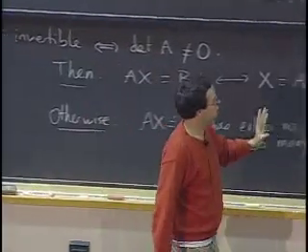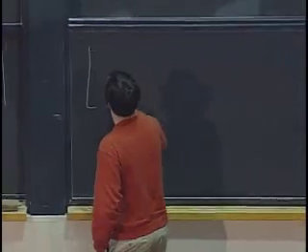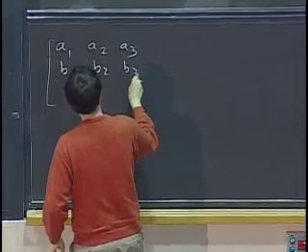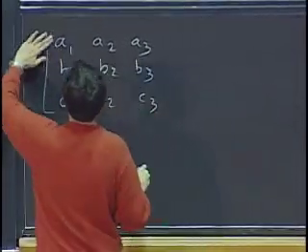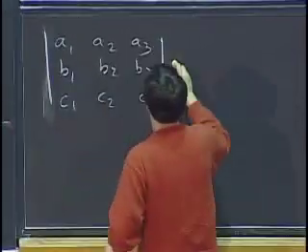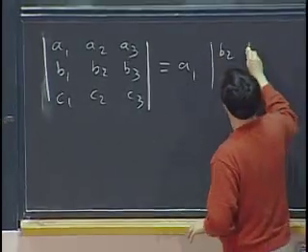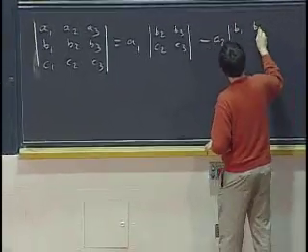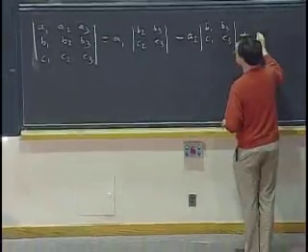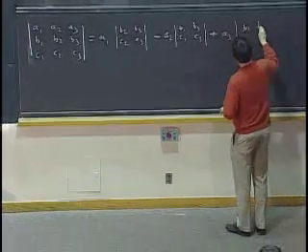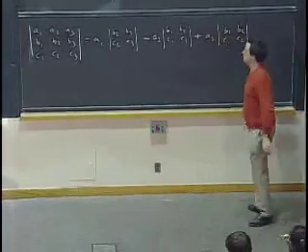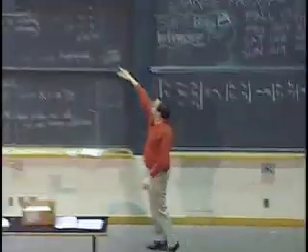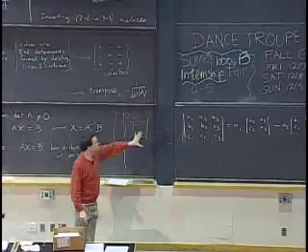The way that we've officially seen it in this class is, if you have A1, A2, A3, B1, B2, B3, C1, C2, C3, then the determinant is A1 times the determinant of B2, B3, C2, C3, minus A2 times the determinant of B1, B3, C1, C3, plus A3 times the determinant of B1, B2, C1, C2. And this minus is here basically because of the minus in the diagram up there. But that's all we need to know.